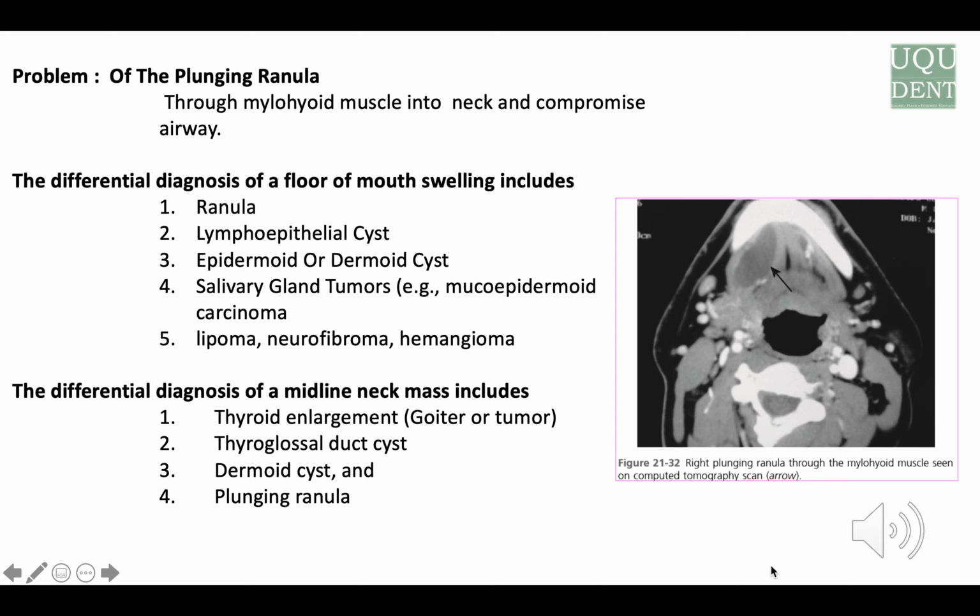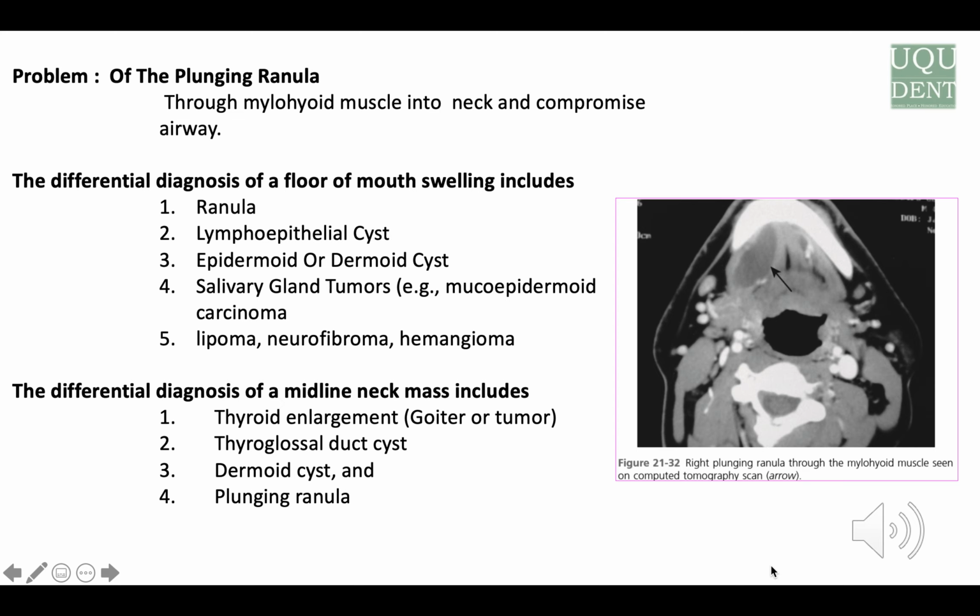Okay, let's remember it always. Here you can see the differential diagnosis of the floor of the mouth swelling. If someone sees a floor of the mouth swelling, you can put this in the differential diagnosis: ranula, lymphoepithelial cyst, epidermoid or dermoid cyst, salivary gland tumors or mucoepidermoid carcinoma, lipoma, neurofibroma, hemangioma. The other list is for the differential diagnosis of the midline neck swelling.